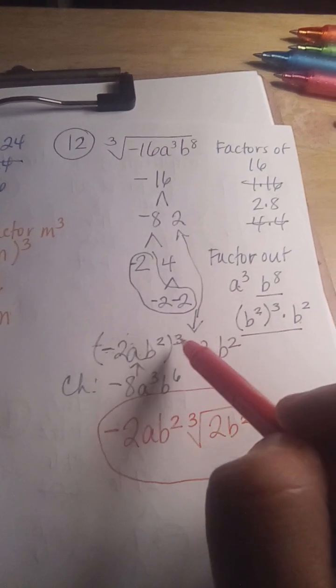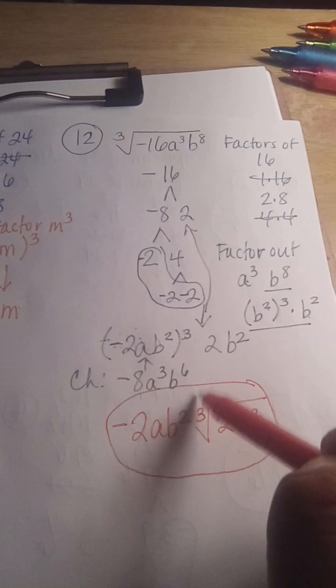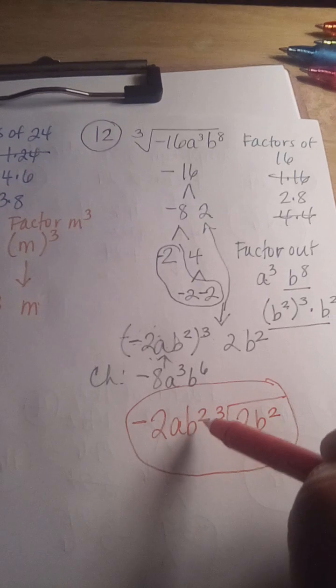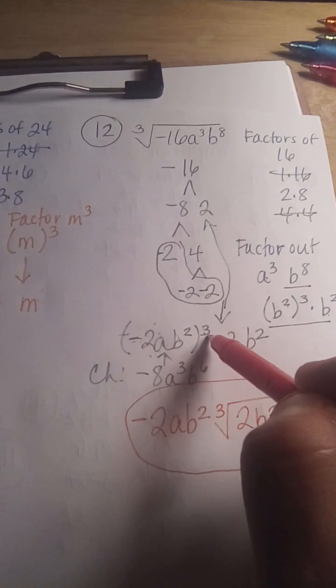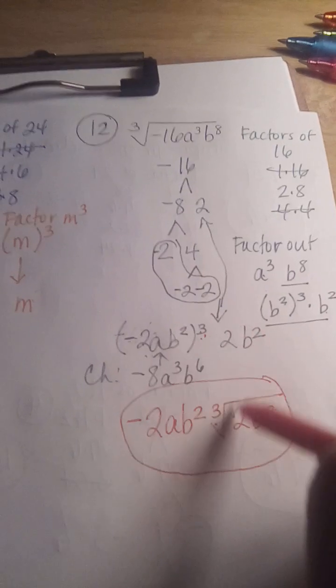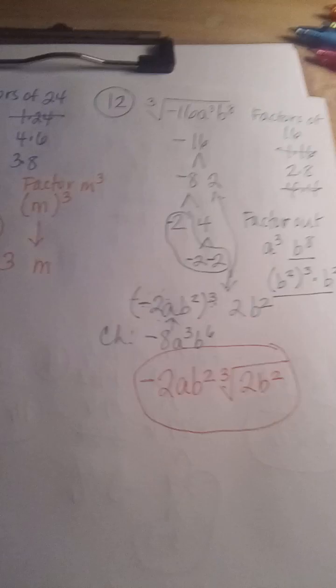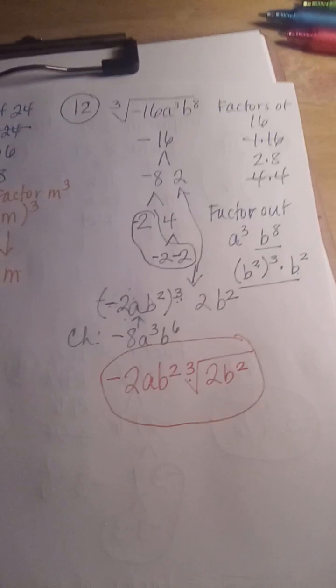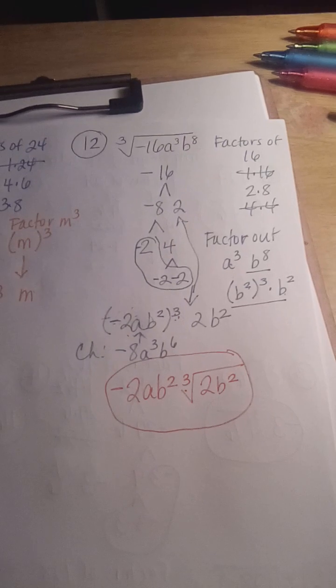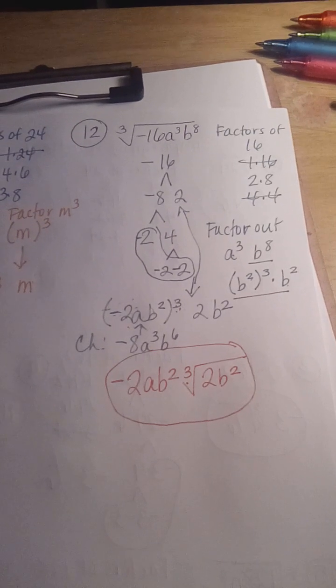And then you put in the missing pieces. This will go out first, the -2ab squared. You don't have to worry about the 3 because that's a clue right there. That's for the index. And then after that, you put the remaining inside the radicand. I hope I'm explaining this the best that I can in this problem. Any other questions on this problem?